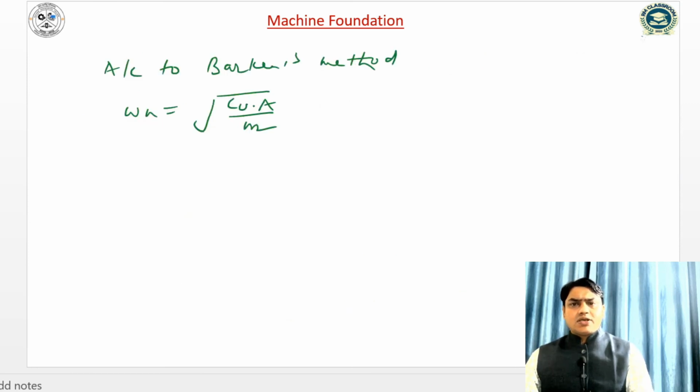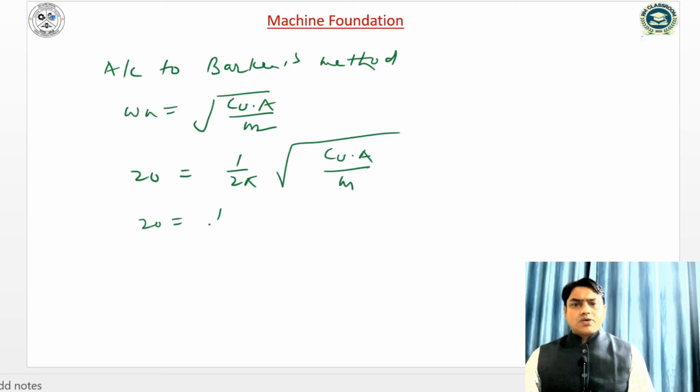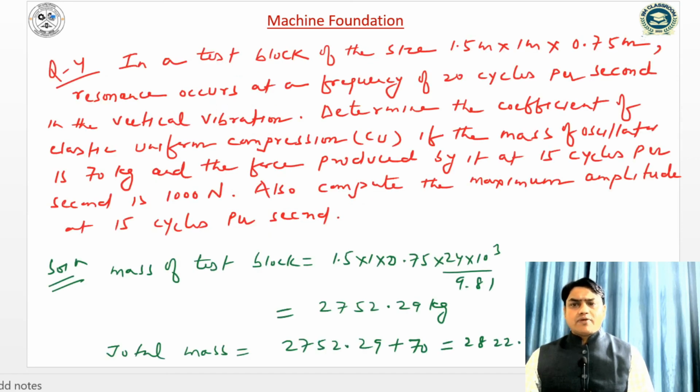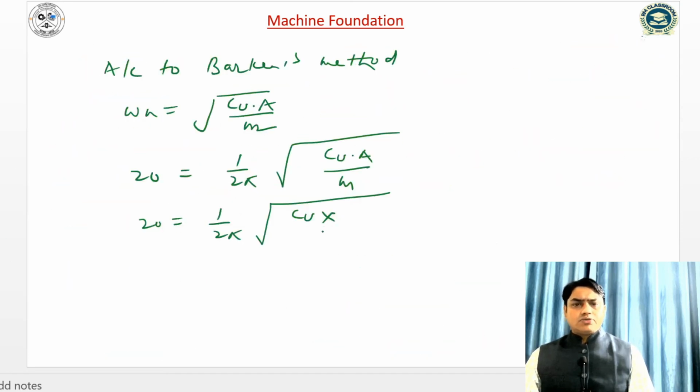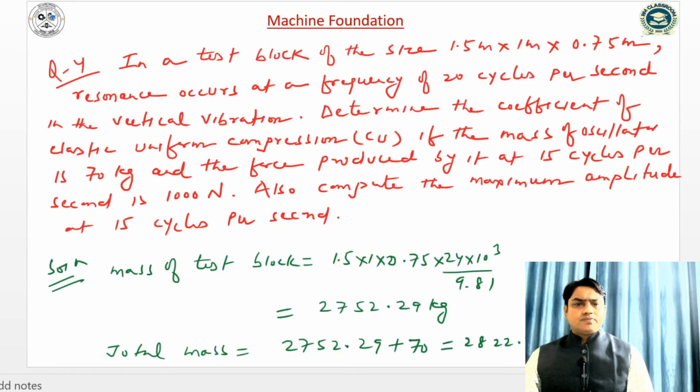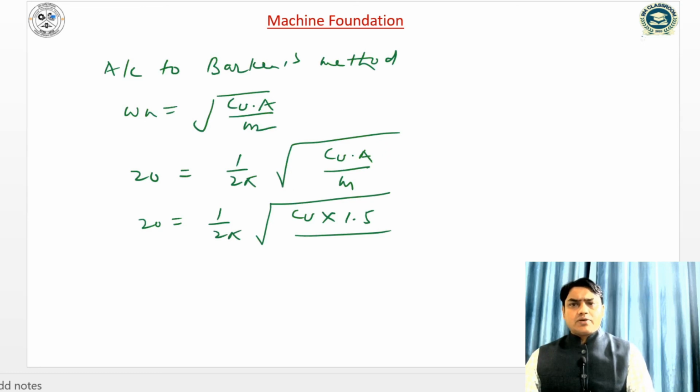It is 20 cycles per second, so 20 is equal to 1 by 2 pi square root of CuA by M. So 20 is equal to 1 by 2 pi square root of Cu into area 1.5 by 1, so 1.5, divided by mass 2822.29.